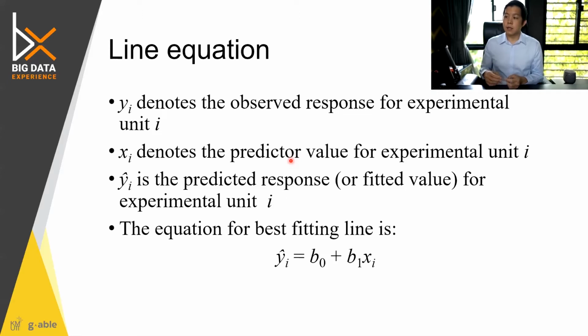For the lines, we can explain the line using the line equation. In the line equation, we have yi to denote the actual response of the experiment of unit i, or the observation at unit i, and xi would denote the predictor or the input of unit i as well, and the y hat here would be the predicted response. And then we can write the line equation as y hat i equals b0 plus b1 xi.